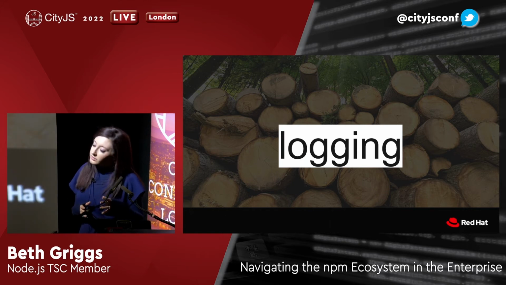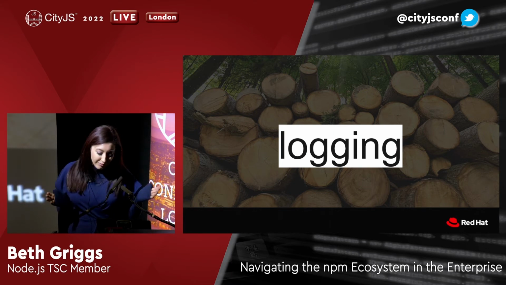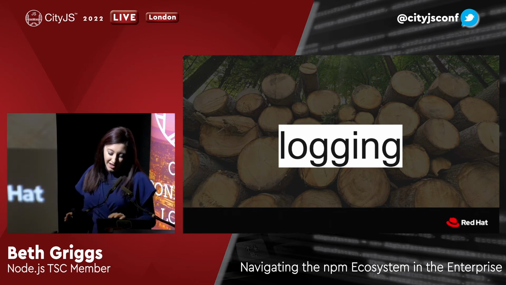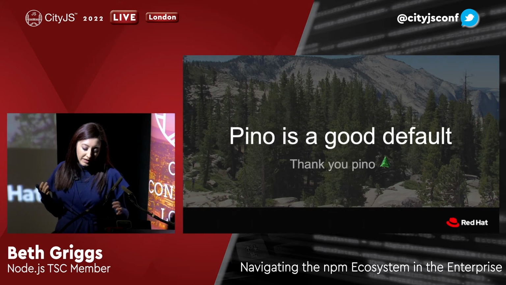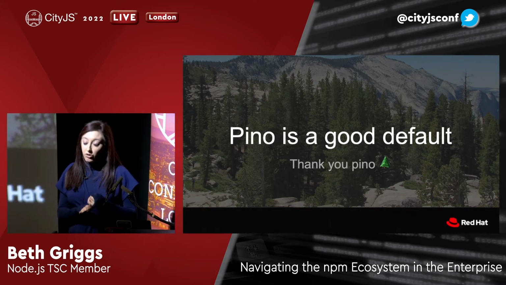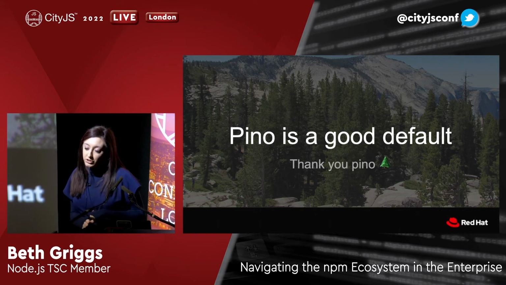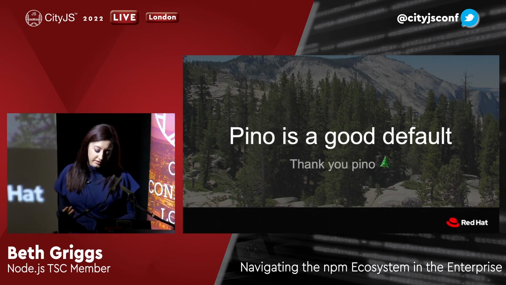From all of those discussions, we eventually converged on the opinion that Pino was a great default. That was based on real experience, and the things they called out about Pino being a great default were that it had great structured logging, an easily consumed API, and it just worked with all of the aggregation tools that you're likely to use in a cloud-native setting.